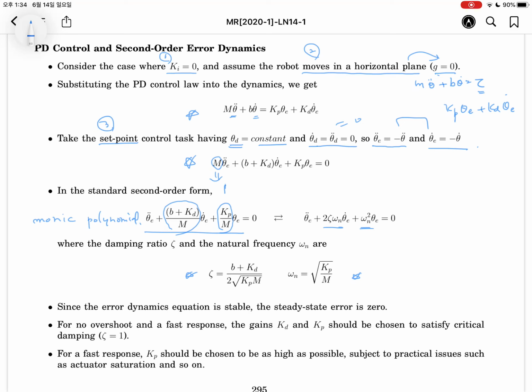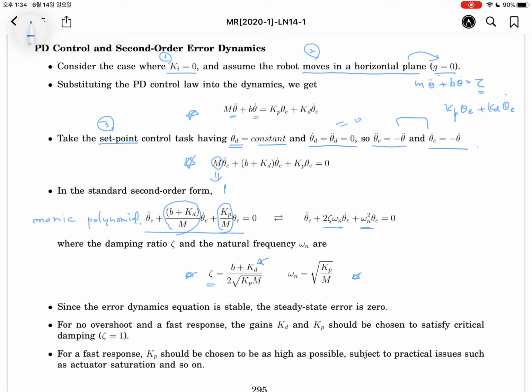On the other hand, if you increase Kd, the derivative gain, then the damping ratio will be increased, so the stability is better than before. Like this, we can assign the stability and the performance by adjusting Kp and Kd.